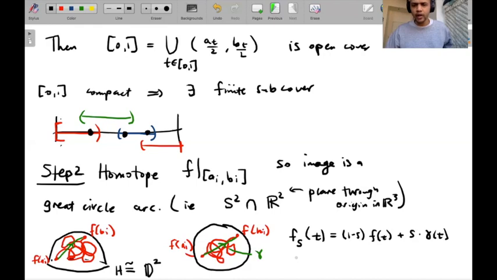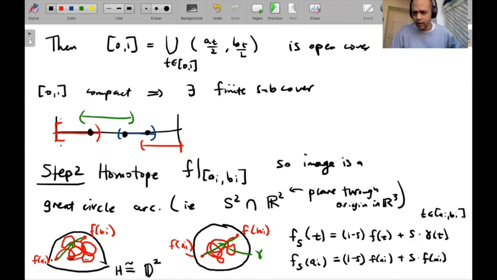And another key point is that for every s, at time a_i, so this is for t in, we're only doing this on the interval a_i to b_i. And at a_i, we get (1 minus s) times f of a_i, plus s times gamma of a_i, which is f of a_i, because gamma starts where f starts and ends where f ends.